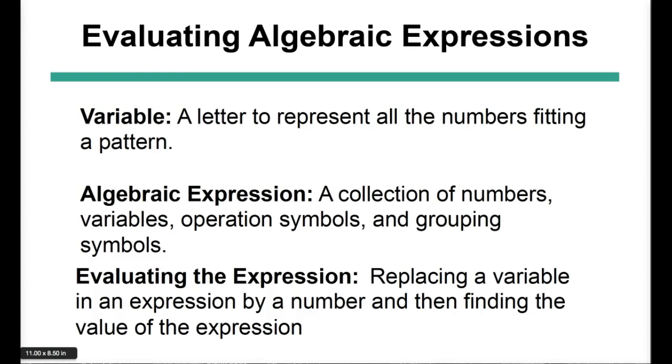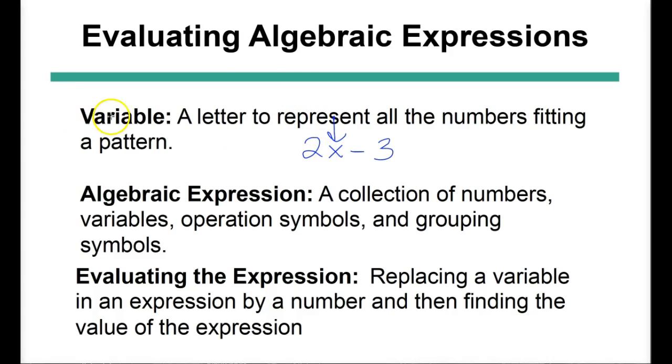A variable is a letter to represent all the numbers fitting a particular pattern. As an example, when we have the expression 2x minus 3, the x is just a placeholder saying that any number I'm allowing myself to plug in could be put in this particular spot.